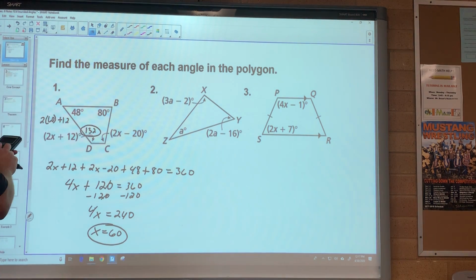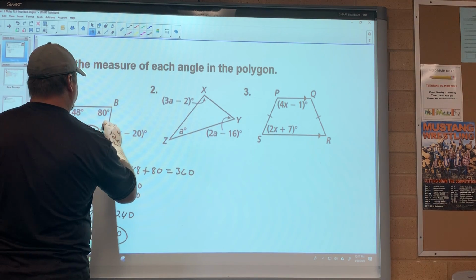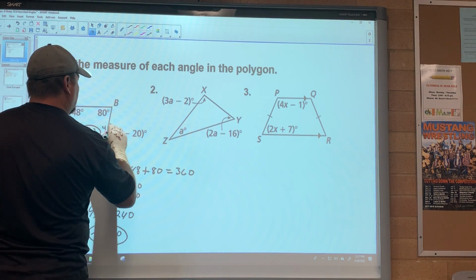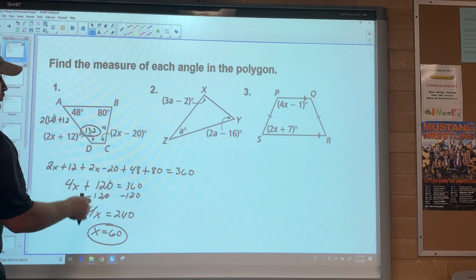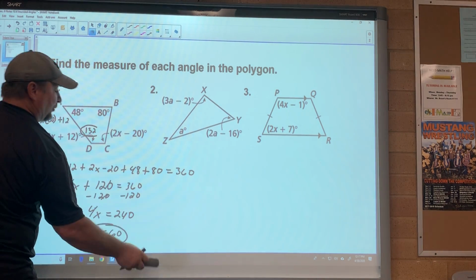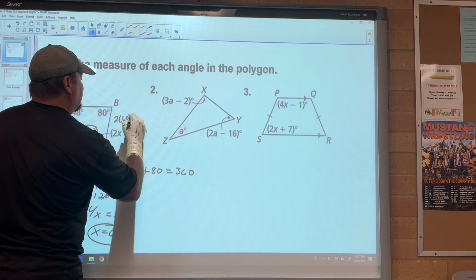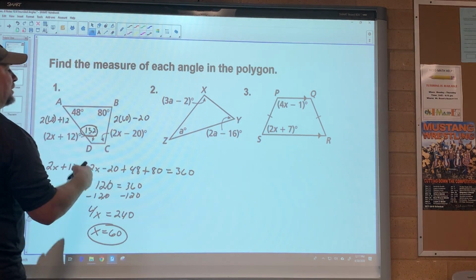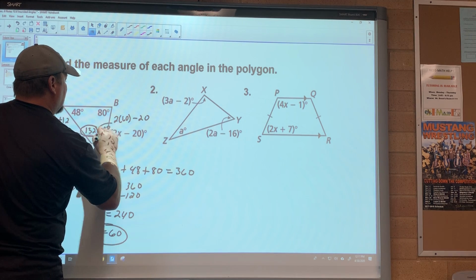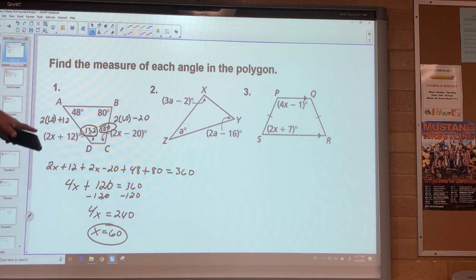And then this one is 2 times 60 minus the 20, that's 120 minus 20, that's 100. So my two angles, angle D and angle C, would be 132 and 100. If I add up all of those angles together, they will add up to 360, and you can check that.